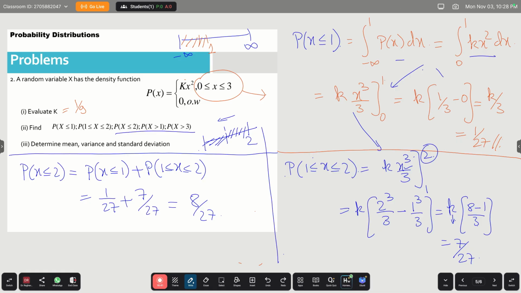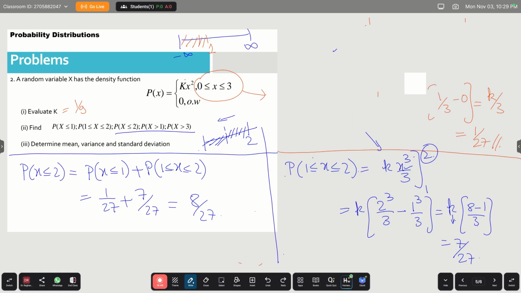Okay, so similarly x greater than 1. How can you find x greater than 1? It is the complement of x less than or equal to 1. Probability of x greater than 1 is 1 minus probability of x less than or equal to 1. I hope you know the concept of complement.